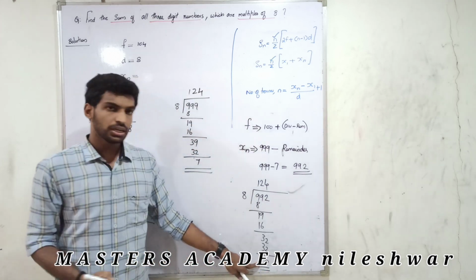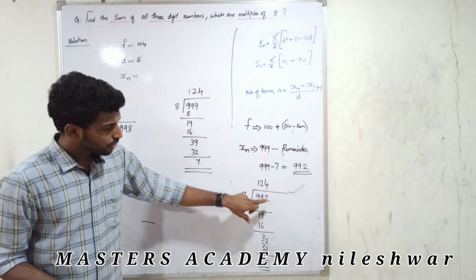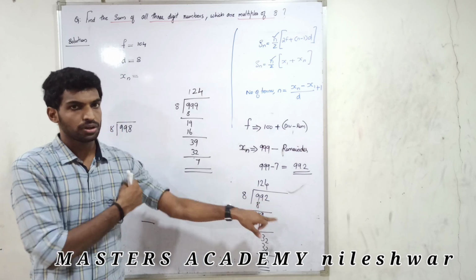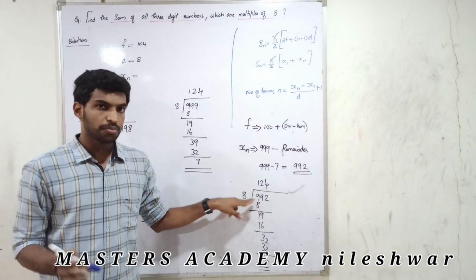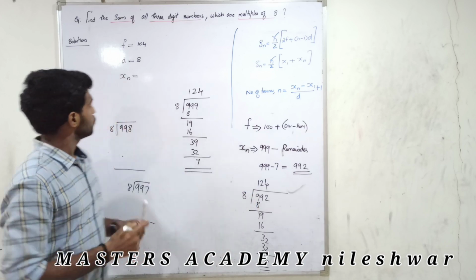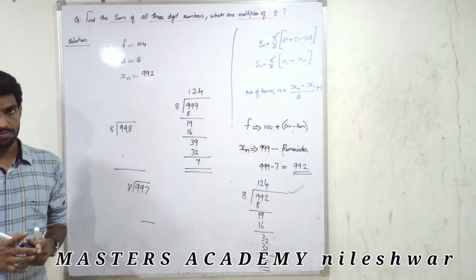Here we get remainder 0. So we can say that 992 is a multiple of 8, and also a 3 digit number.